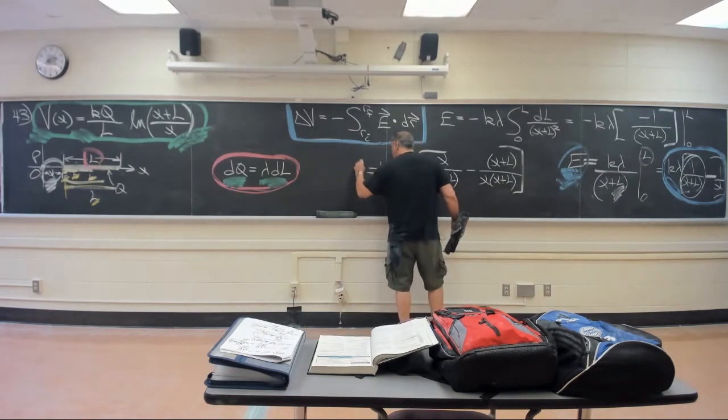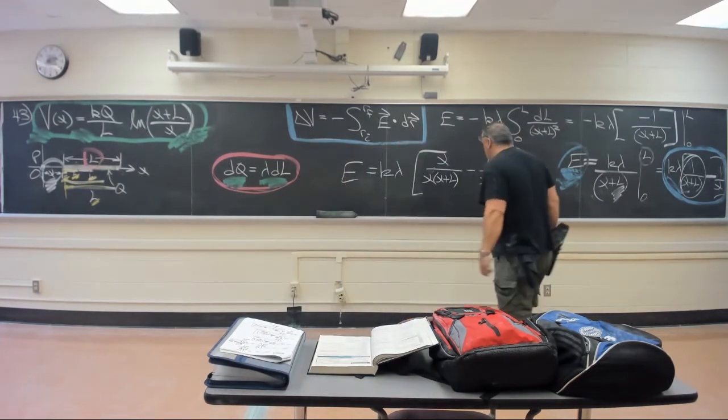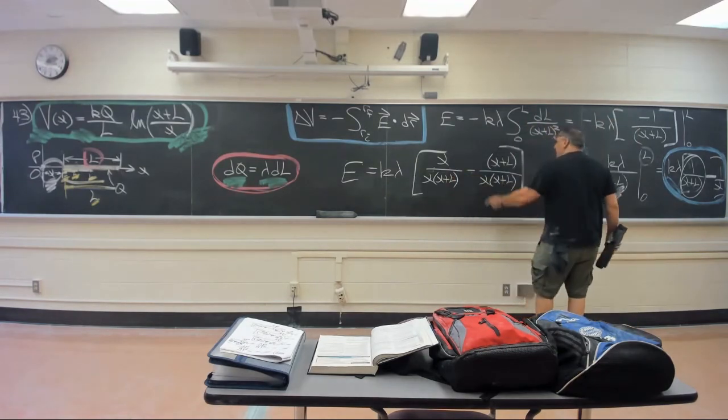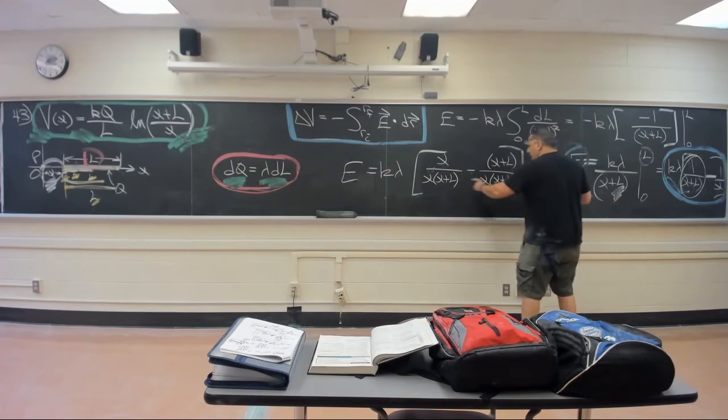k lambda, that's what E is. Yeah, certainly true. X minus the quantity x plus L is negative L. And you got all this business on the bottom.